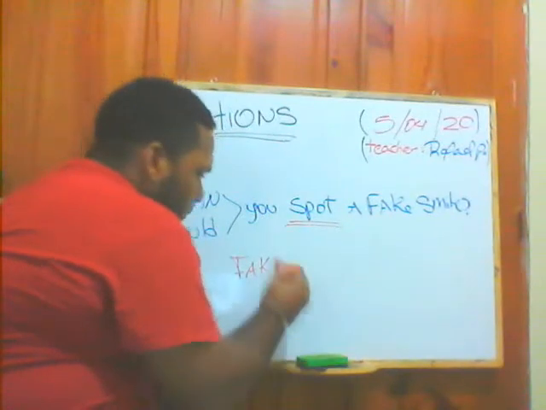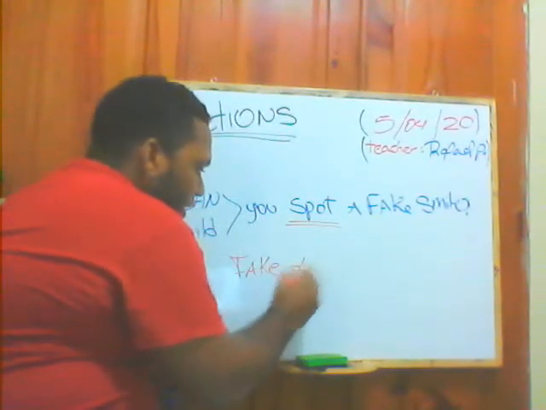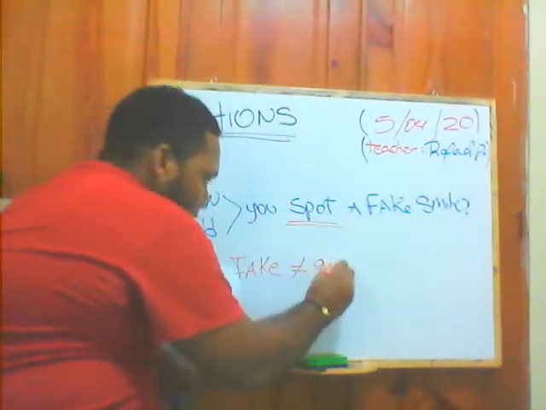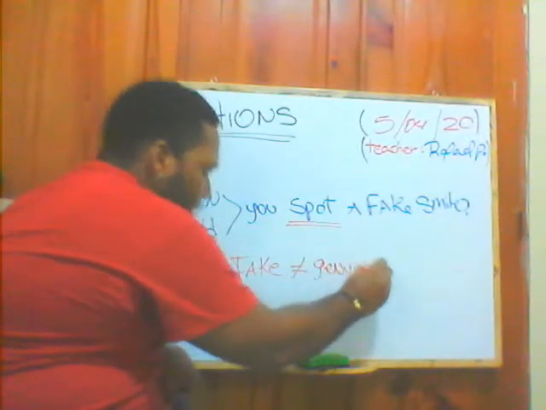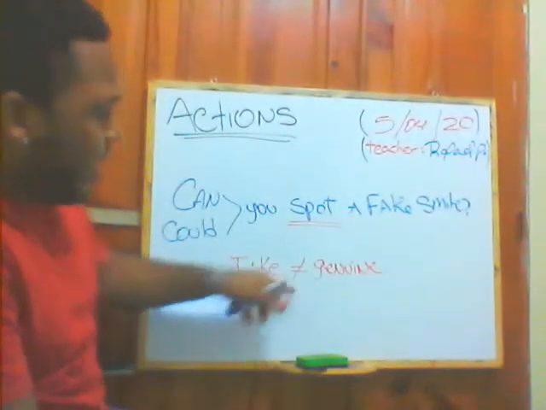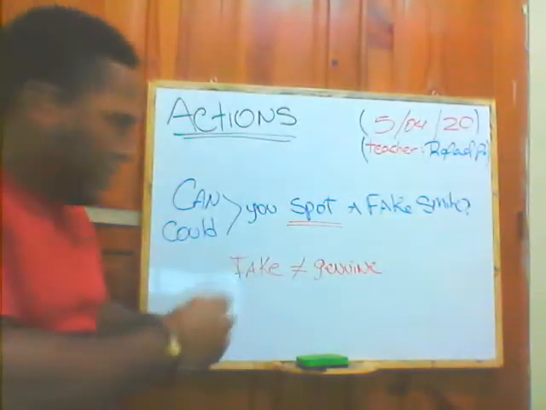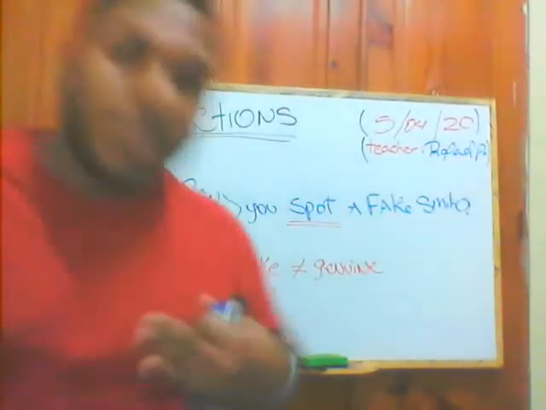It means that it's not real, it's not genuine. So fake and genuine are opposite. If you're fake to me, it means that you are not true. You are not real. You are faking. You're faking your friendship with me.